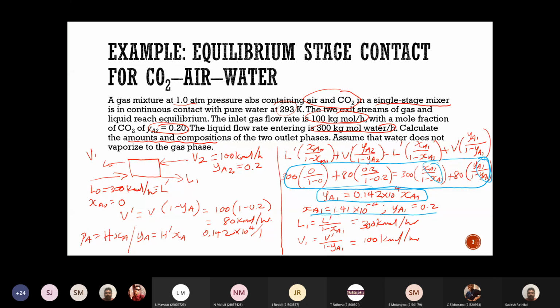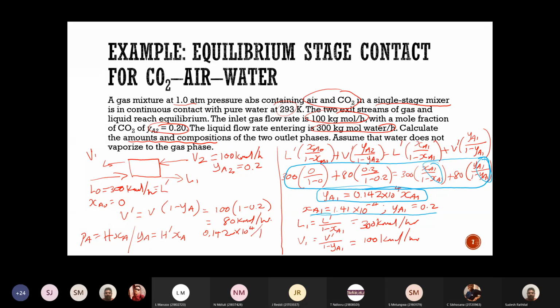We can't use this equation in the next section on distillation, because in distillation there is no inert. All the components exist in both phases, the vapor phase and the liquid phase.